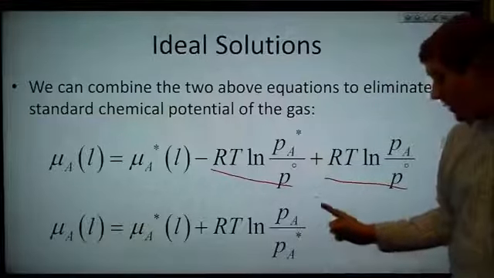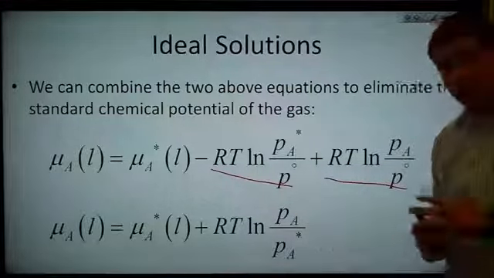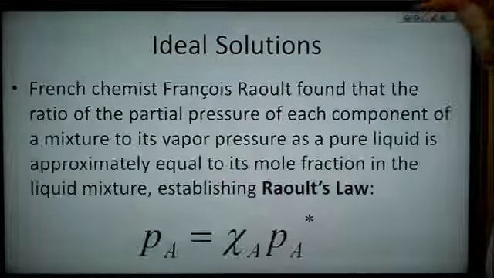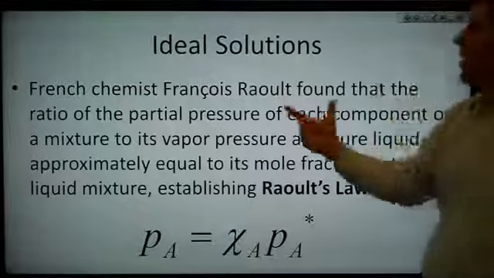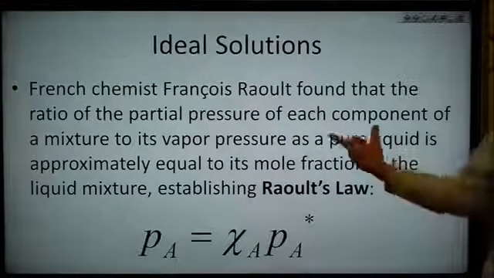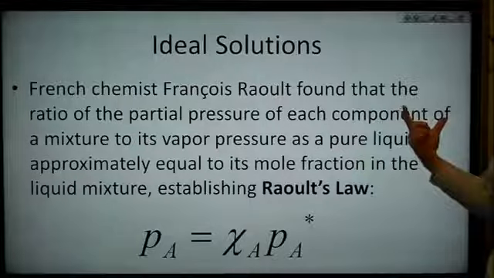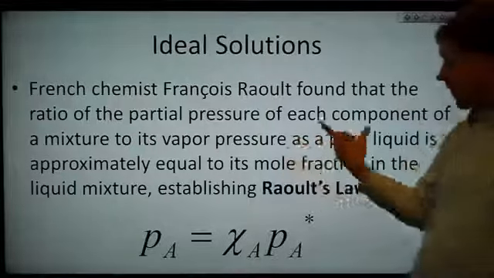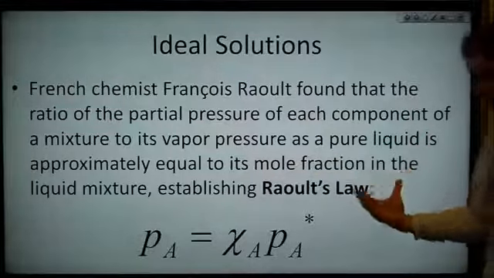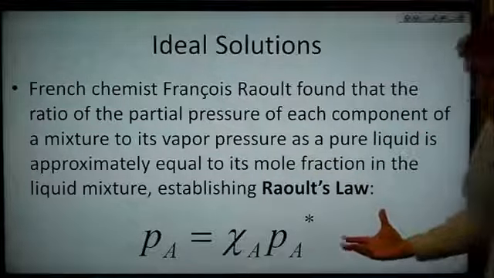So remember that the vapor pressure in a mixture is always going to be less than the vapor pressure of the pure substance at some temperature. And so French chemist Francois Raoult found that the ratio of partial pressure of each component of a mixture to its vapor pressure as a pure liquid is approximately equal to its mole fraction. So this is what we call Raoult's law.